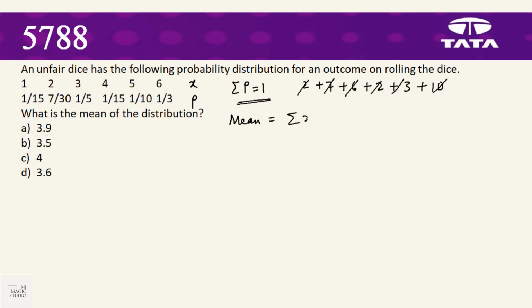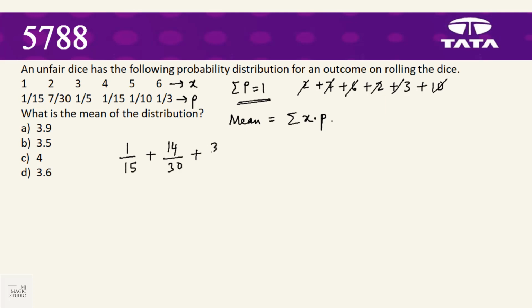Then mean of the distribution is simply given by summation of X into P. This is X, the outcome. This is P. Mean of the distribution is summation X into P. 1 into 1 by 15 is 1 by 15 plus 2 into 7 by 30.